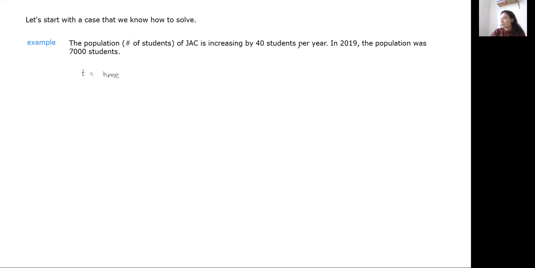And because this is written in number of students per year, I'm going to say that t is time expressed in years. And then I'm going to denote the population of students by P for population, the population of students at time t.